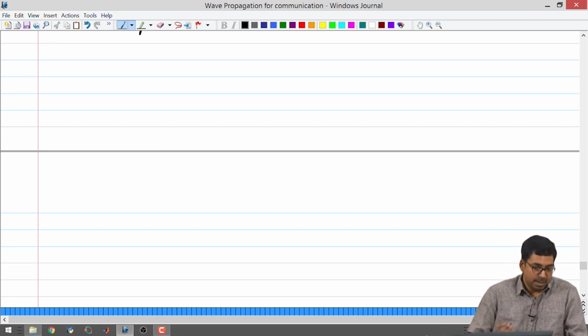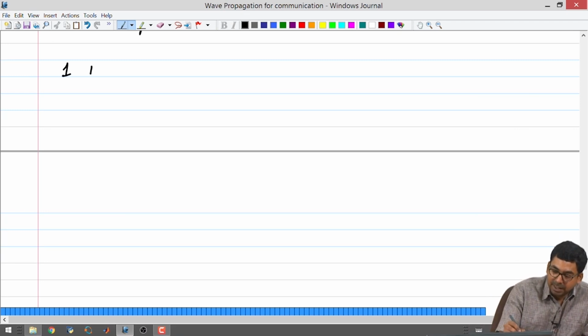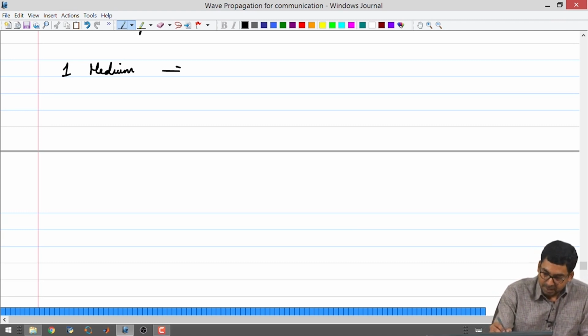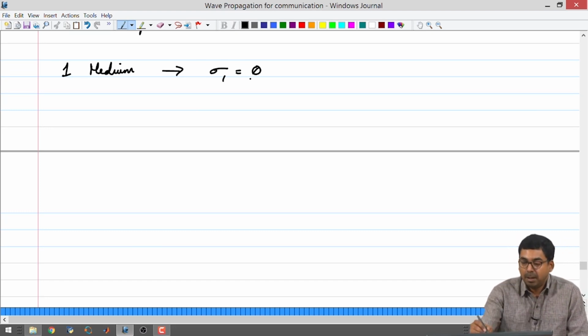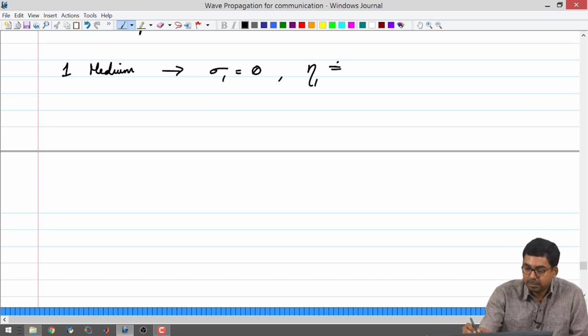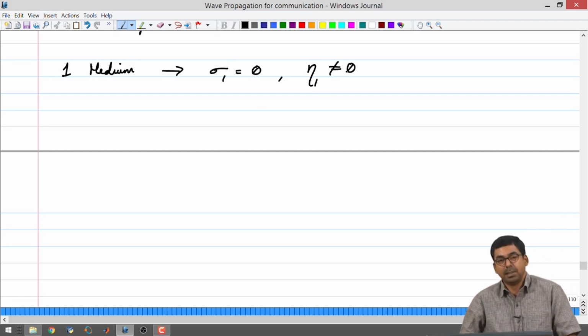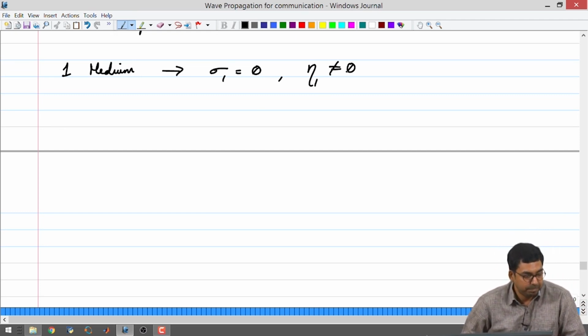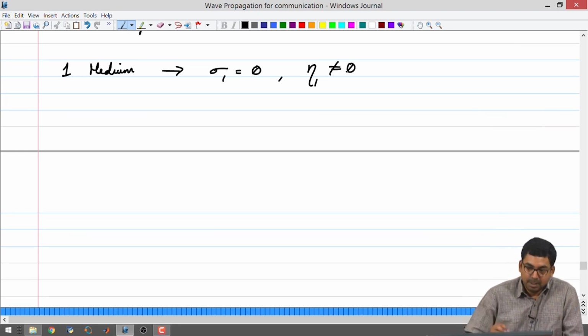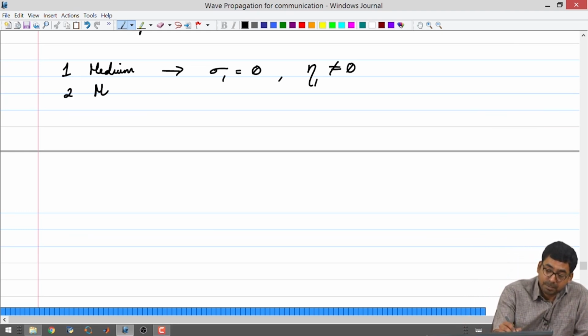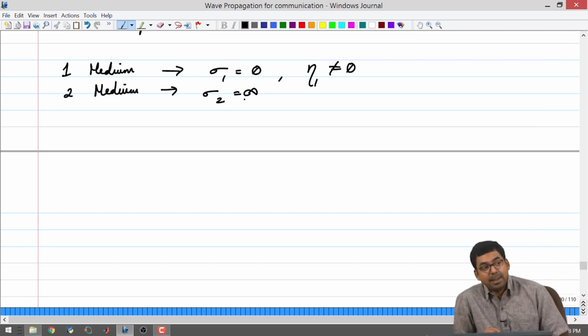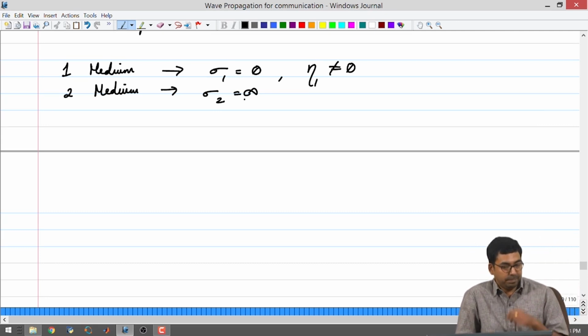If there is a scenario where the first medium has no conductivity, but obviously the characteristic impedance is not 0, and suppose we say that sigma 2 is equal to infinity.